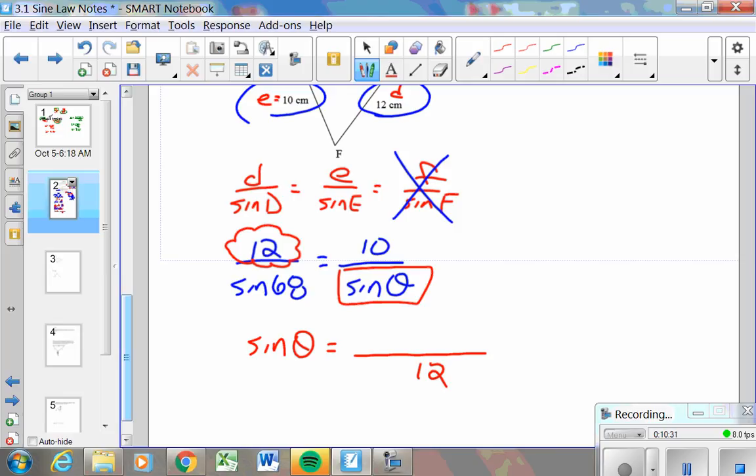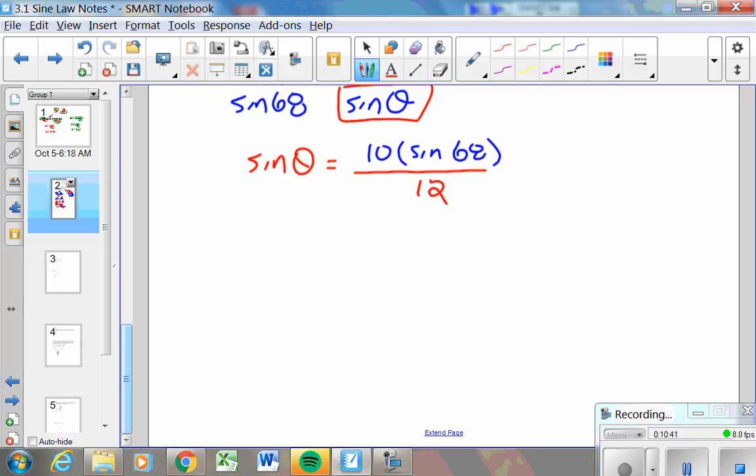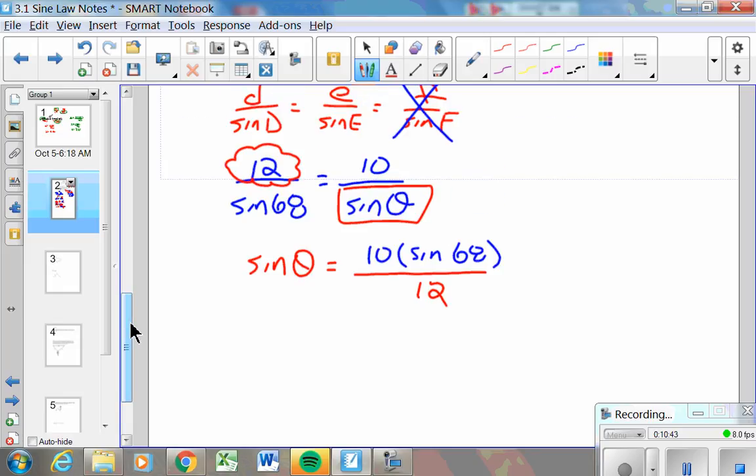The top expression is going to be 10 times the sine of 68. And again, I can change sine of 68 to a decimal number. The sine of 68, which we found in the last question, was 0.9272, divided by 12.